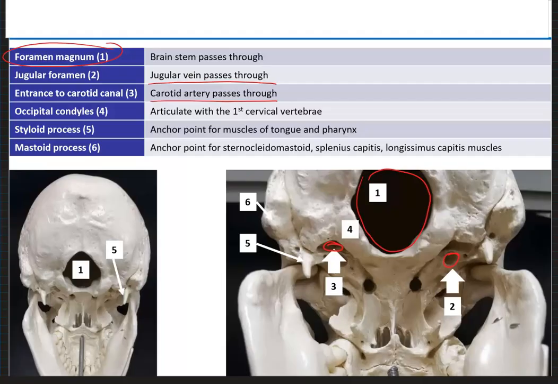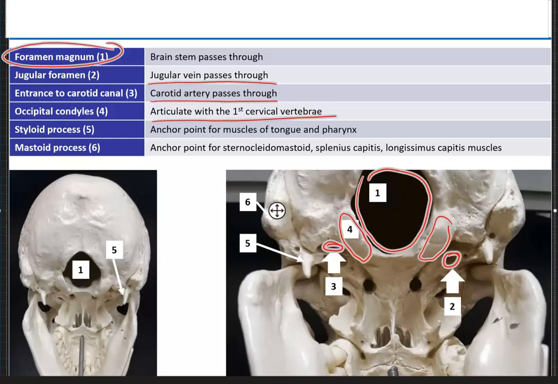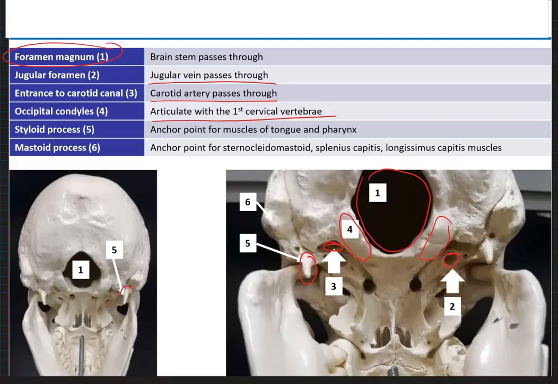blood to the brain. Then there are two prominences, so-called occipital condyles. These articulate with the first cervical vertebra, forming atlanto-occipital joint. Styloid process, seen here and here, serves as the anchor point for the muscles that control the movement of your tongue and pharynx, effectively speech and modulation of the voice.